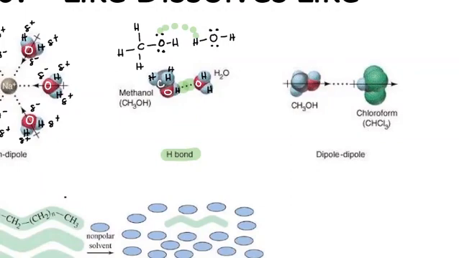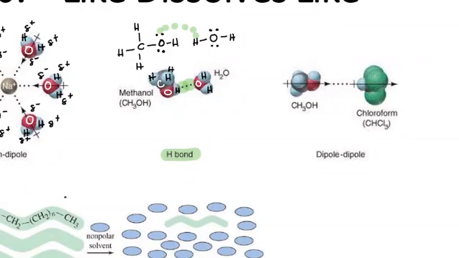Now, the last interaction that defines how polar solutes dissolve in polar solvents is a dipole-dipole interaction, okay? So we already established that methanol is going to be a polar molecule.